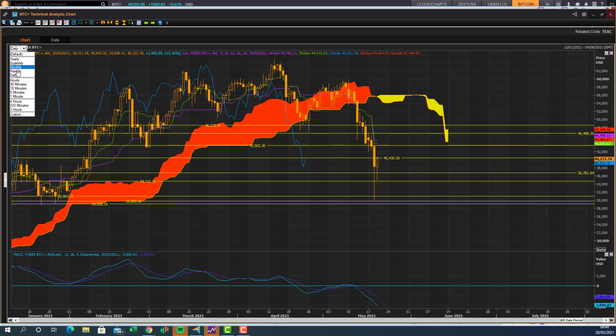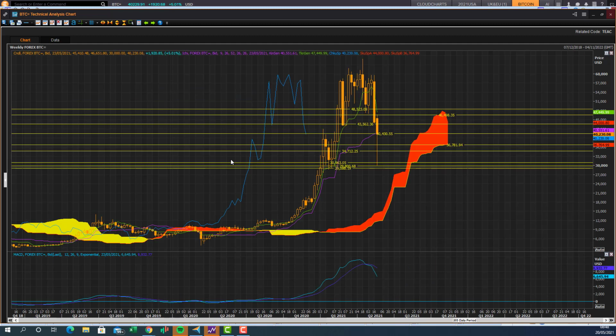Now, turning to the weekly, we also highlighted last time that the downside target here was the standard line or baseline of the Ichimoku cloud, since support failed at the top end of the front end of the cloud. It hit that level, then sold off heavily and hit the bottom end of the old support zone here.